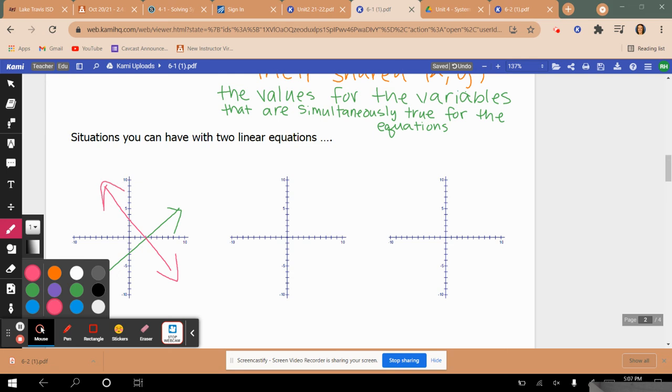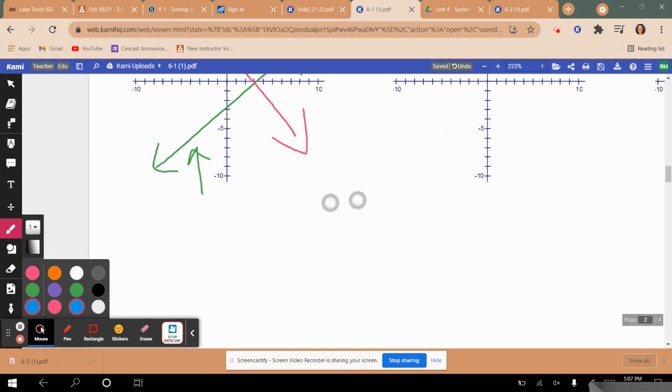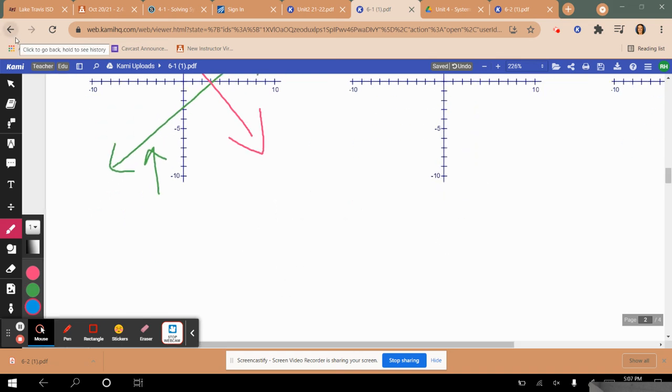When you look at these, you know that one has a negative slope, and then that green one has a positive slope. So you know they have different slopes at the very least, because one's negative and one's positive. So you can say that this is one solution because they intersect one time.